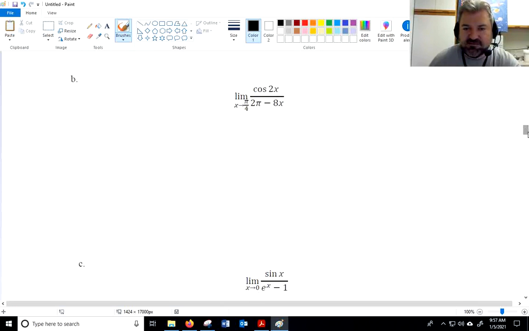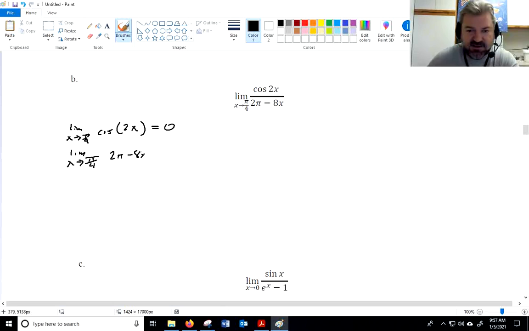All right, let's try the next one. The limit as x approaches pi over 4 of the cosine of 2x, well, that becomes the cosine of 2 times pi over 4, which is the cosine of pi over 2, which is 0. And the limit as x approaches pi over 4 of 2 pi minus 8x.